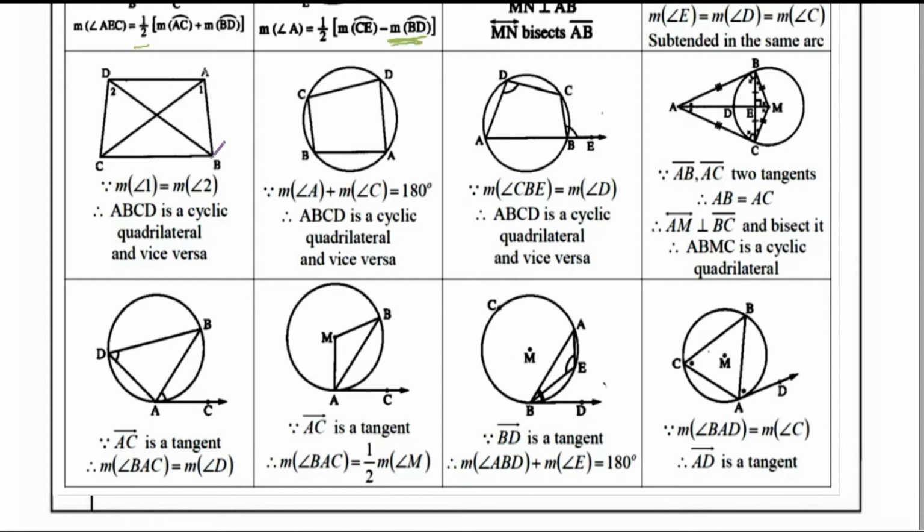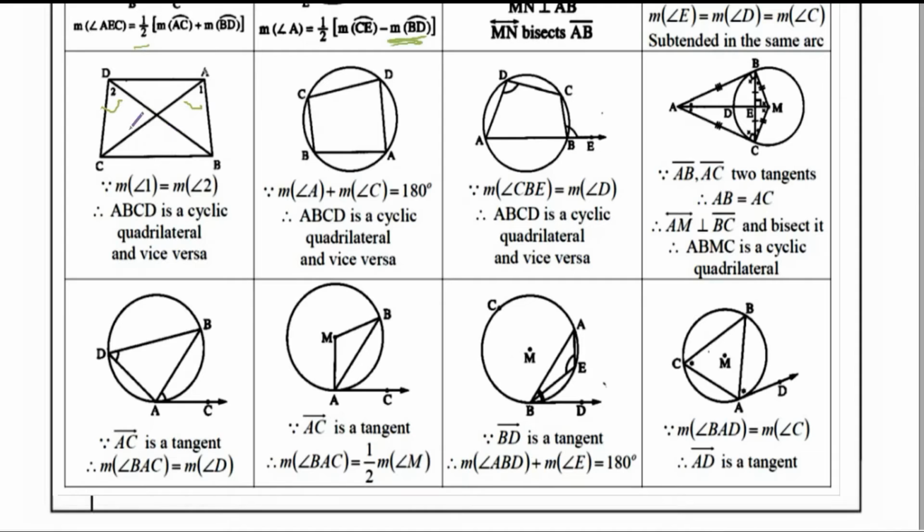First case, if you have a common base, what is the common base here? The common base is the line segment BC, and you have angle BAC named angle 1 and angle BDC named angle 2.